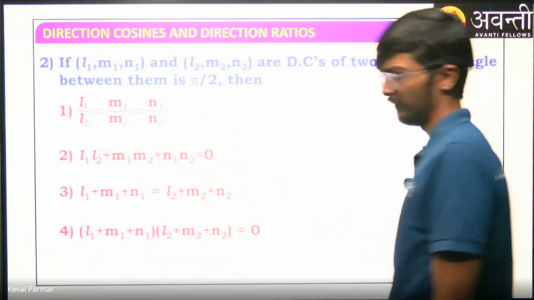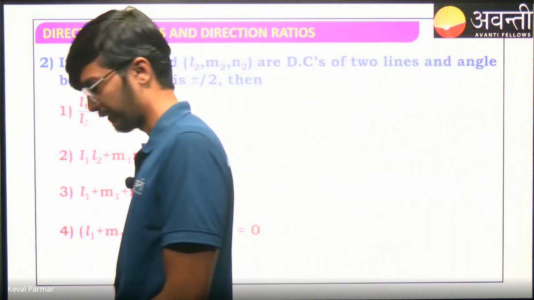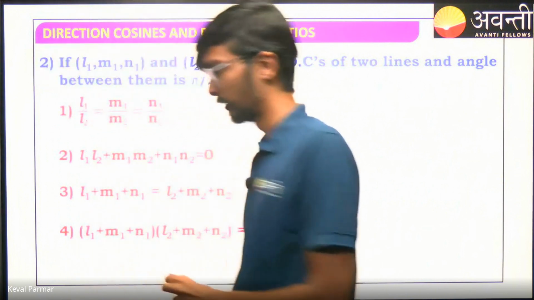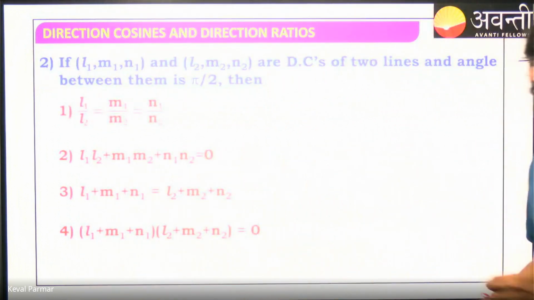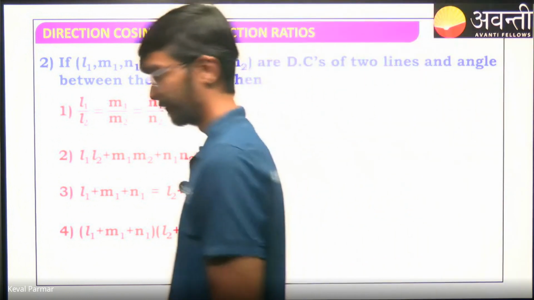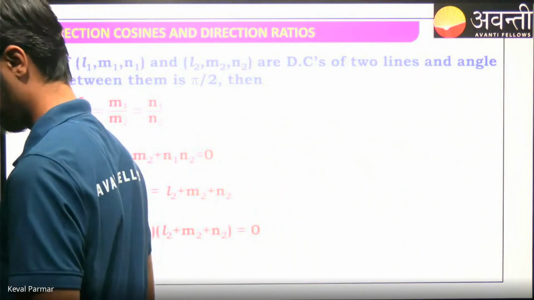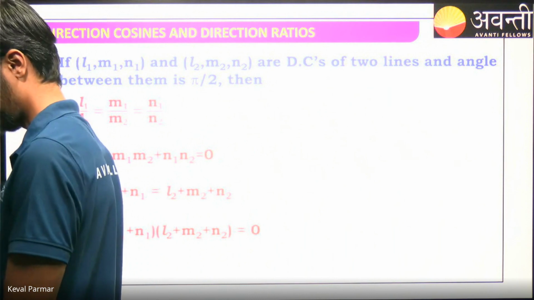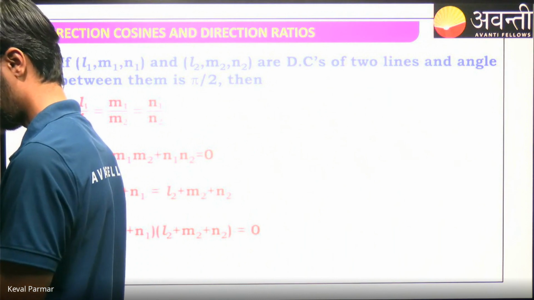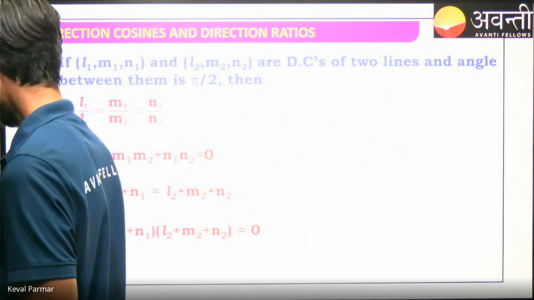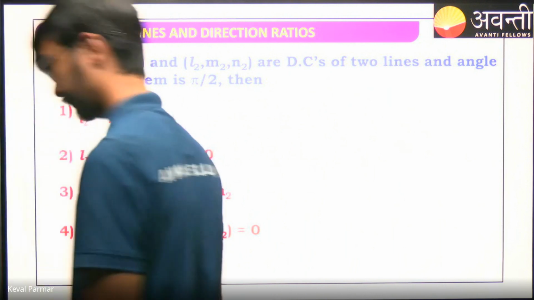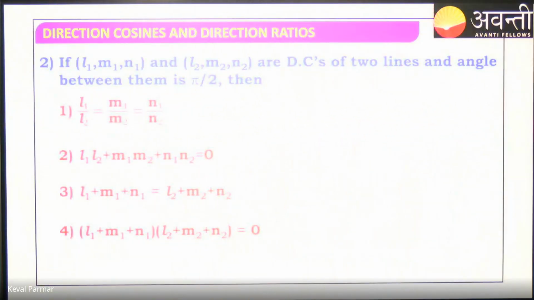This is a direct result I told you to remember in yesterday's class. Correct. What is the direct result? Let's see. If 2 lines are perpendicular with given DCs, I'm waiting for your answers. Which option should I choose? Okay, you can see the options now.